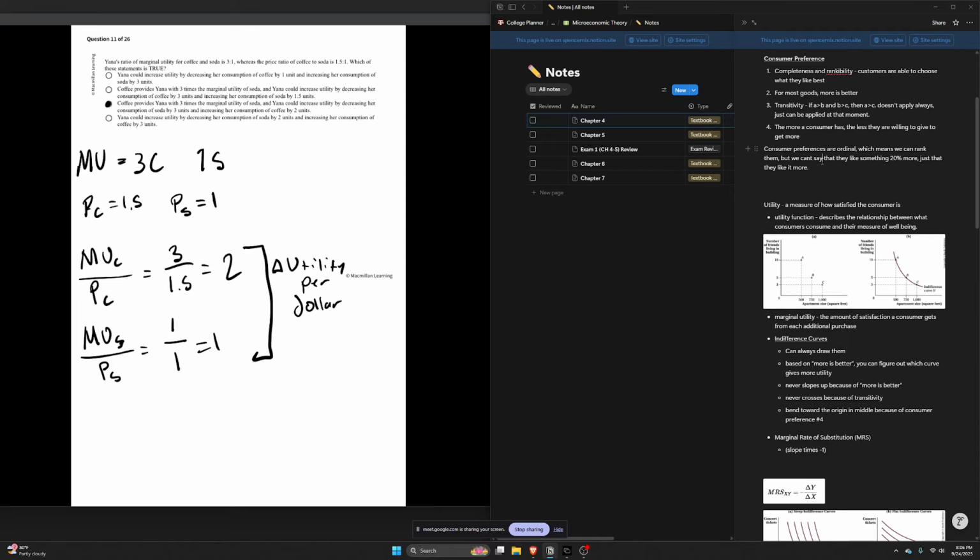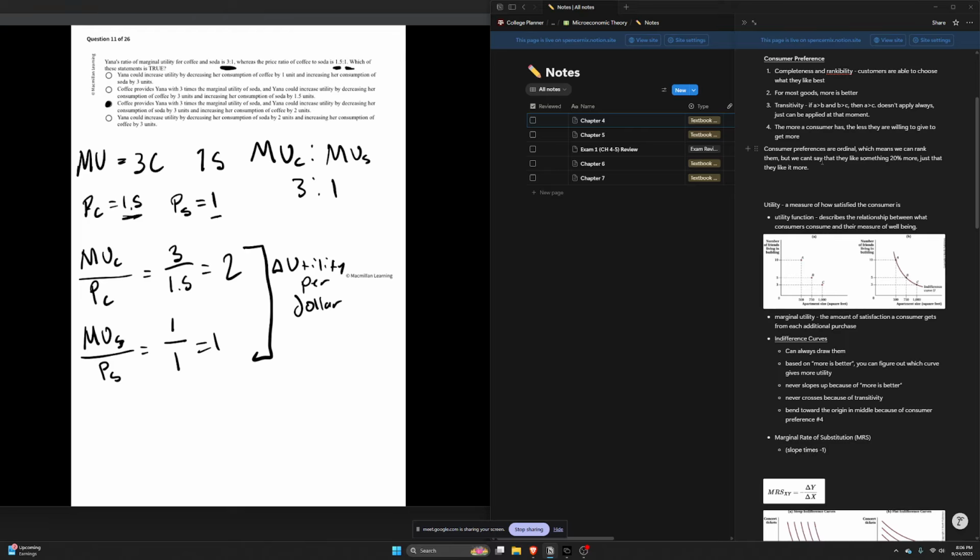Oh, okay. Yeah, so we're given marginal utility for each of them in this ratio right here. So marginal utility for coffee to marginal utility for soda is 3 to 1. And the same for price, so we have 1.5 to 1. So for coffee it's 1.5, for soda it's 1.